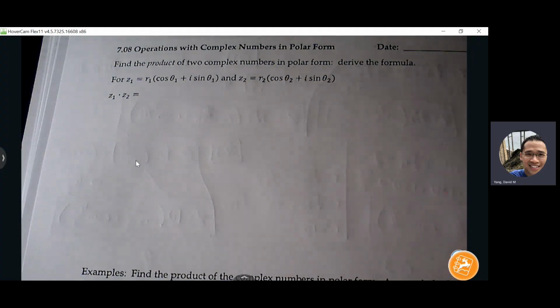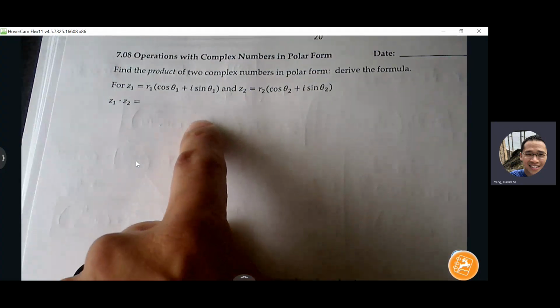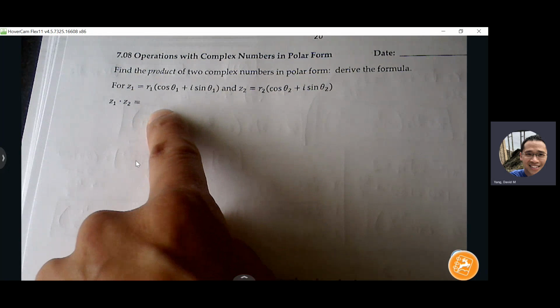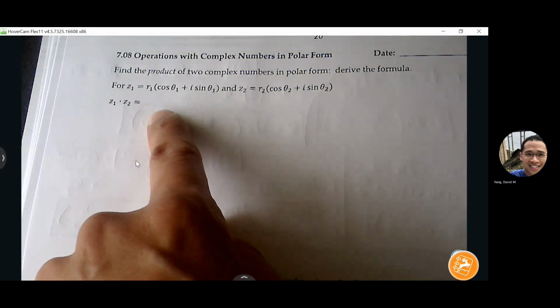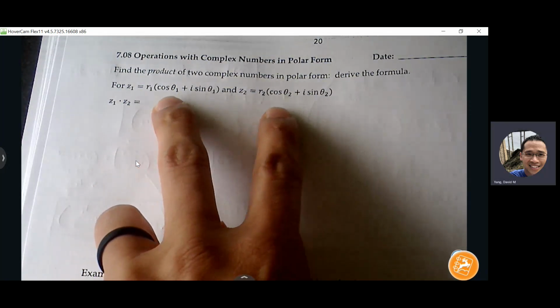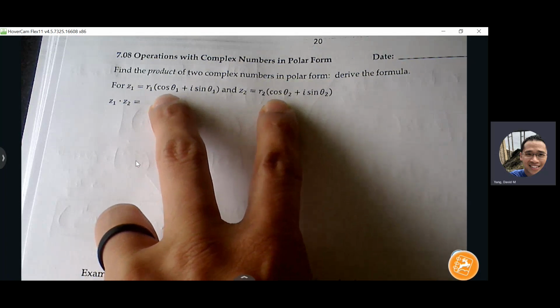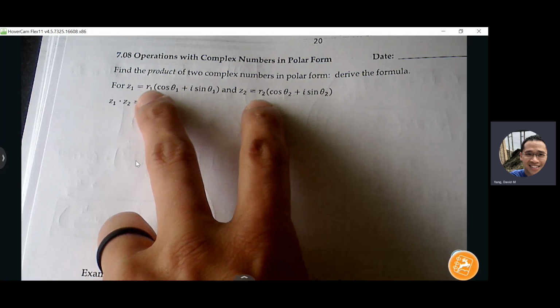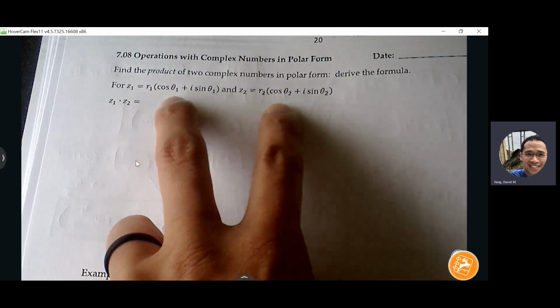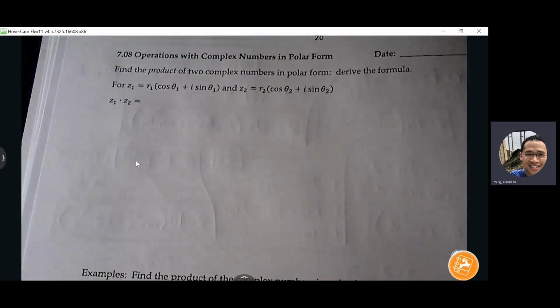I'm not going to spend the time to derive this formula. We're just going to write out the formula. So if I have two complex numbers in this form, if I want to multiply them together, basically I'm just going to multiply the radius and add the thetas together.